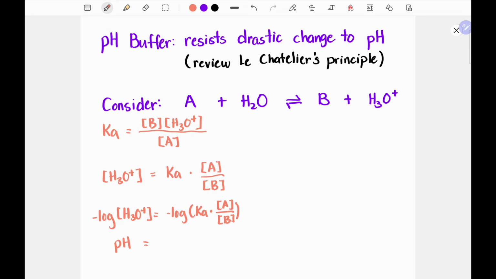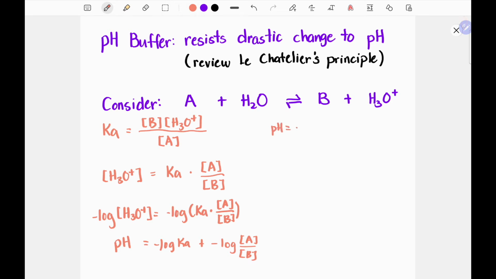By rules of logarithms, we can separate Ka and concentration of A over concentration of B. This is negative log of Ka plus negative log of concentration of A over concentration of B, which means to say that pH is equal to pKa minus log concentration of acid over concentration of base, which is also equal to, due to the properties of logarithms, pKa plus log base over acid.